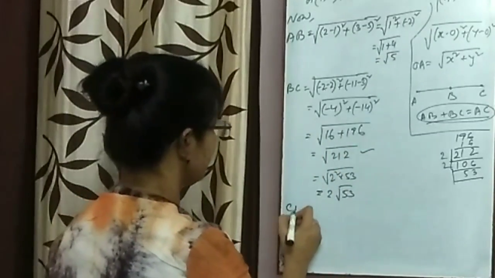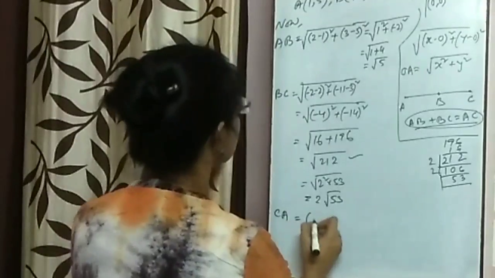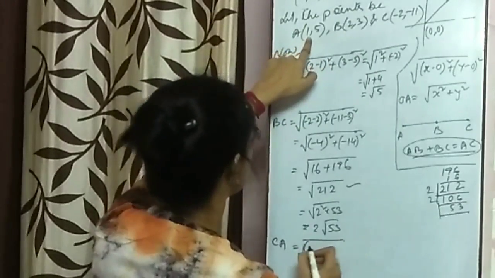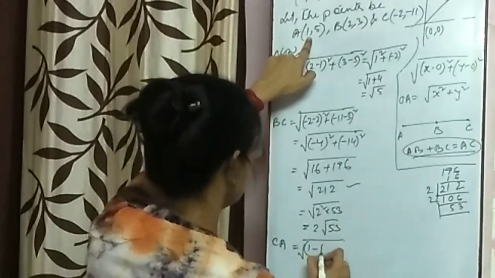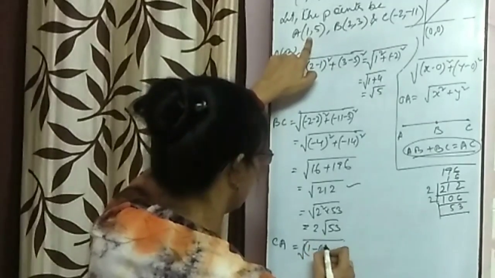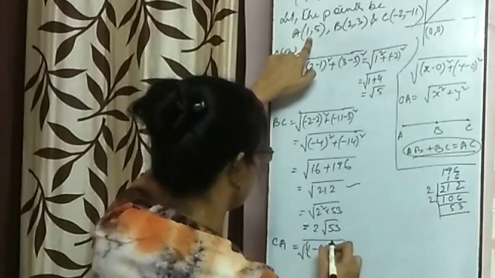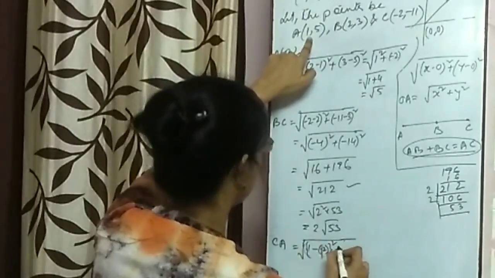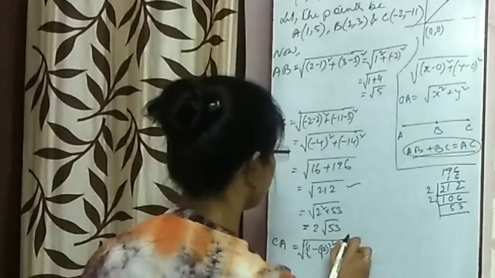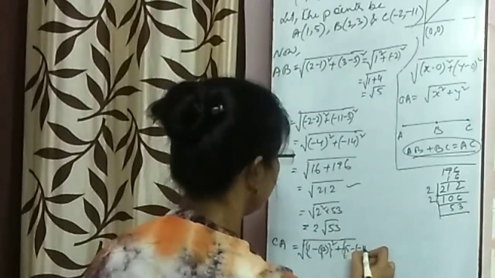Then again CA. I can start from 1 minus minus 2, okay, I am showing you, plus 5 minus 11.